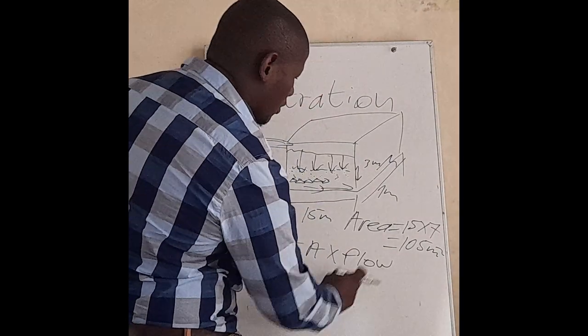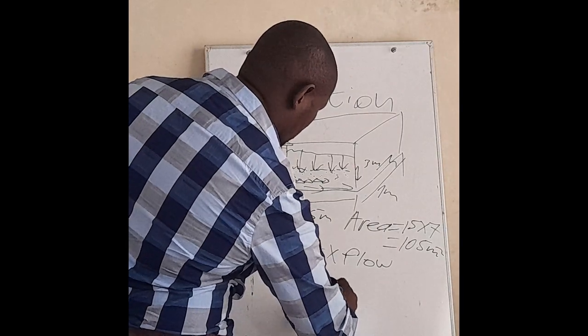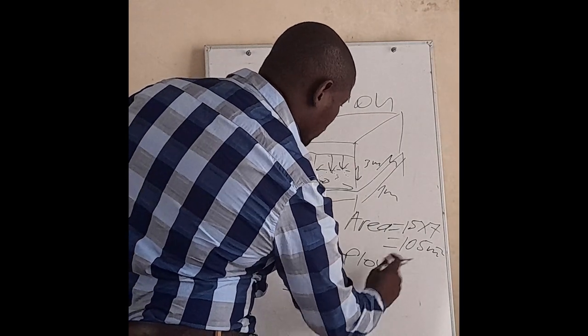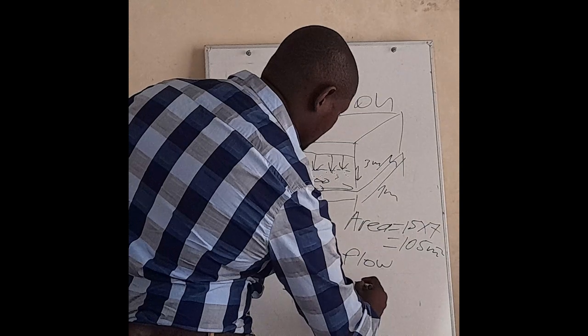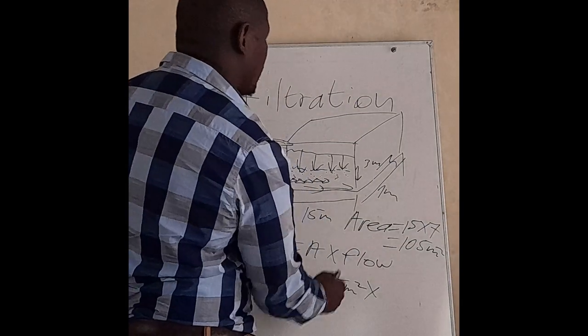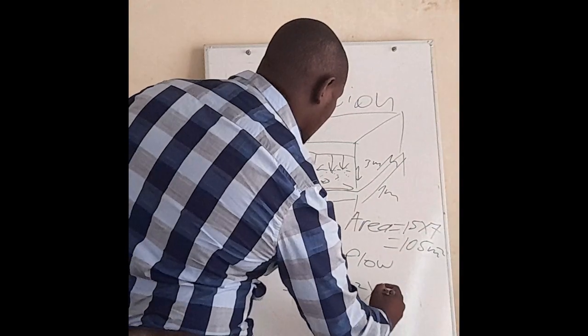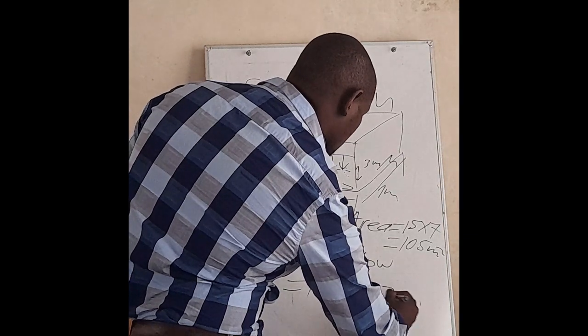Okay, so our area is 105 meters squared multiplied by our flow rate, which is already given as 3 meters per hour.